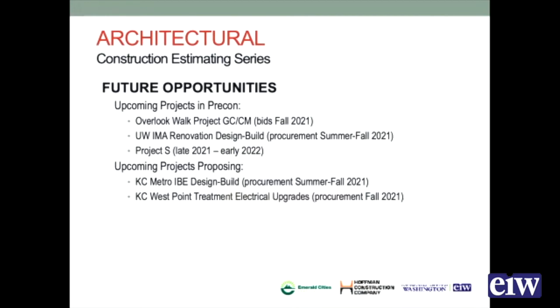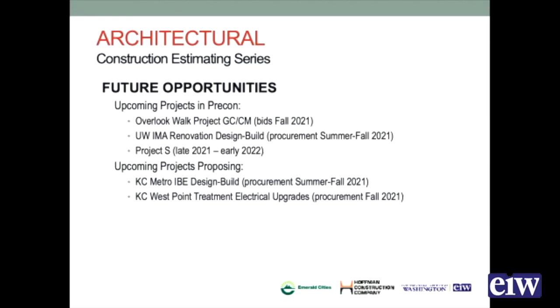And actually, as of yesterday, we can move the King County West Point treatment plant up to the projects in pre-con. So we will be starting procuring that. We're doing electrical upgrades, and there's other buildings and stuff associated with that as part of improving the performance at West Point treatment plant over in Magnolia. We'll start that procurement in fall of this year.